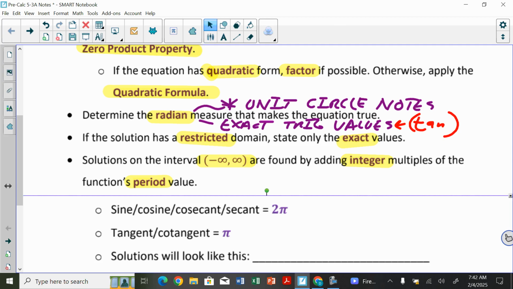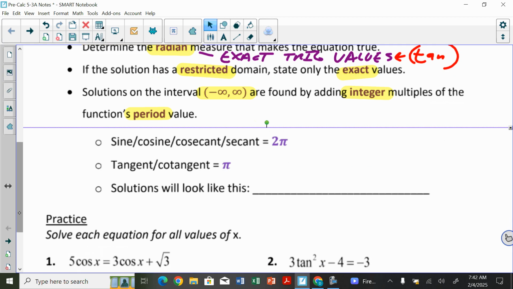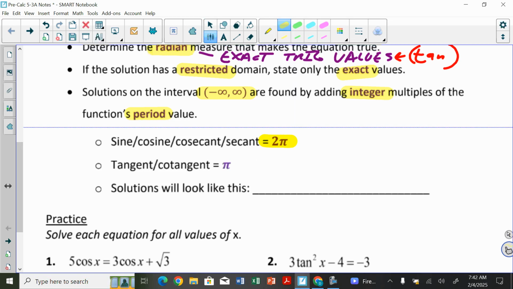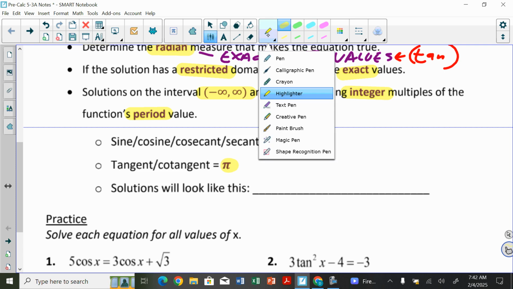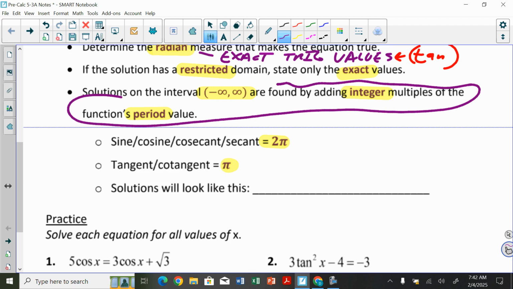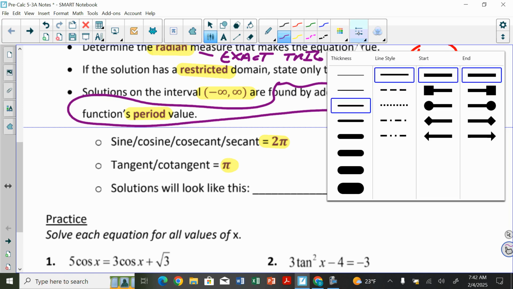If the function you're talking about is sine, cosine, secant, or cosecant, remember when we graphed those, the periods were 2 pi, and for tangent and cotangent, those periods were pi. So this part right here, I'm going to circle it. Remember that part is going to give your answers a different look.